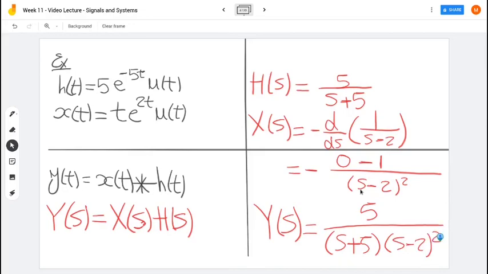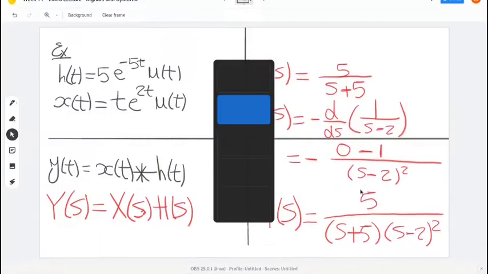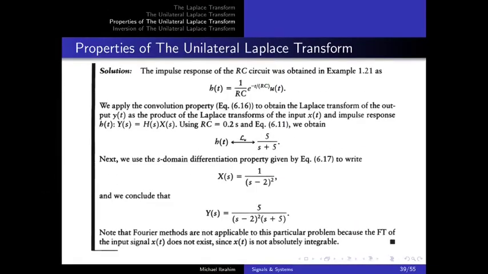And this would be the Laplace transform of the output from such system. As you can see over here, 5 over s minus 5 times s minus 2 all squared. And later on, when we learn about computing the inverse Laplace transform, we will be able to find y of t in this case.